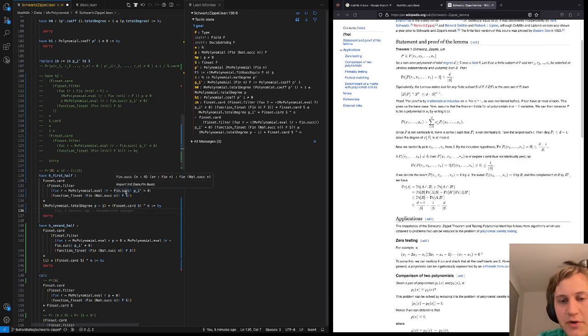So there's only n inputs, and then I go through R. So there's n possible inputs to this. And now randomly pick R2 through Rn from S by the induction hypothesis.